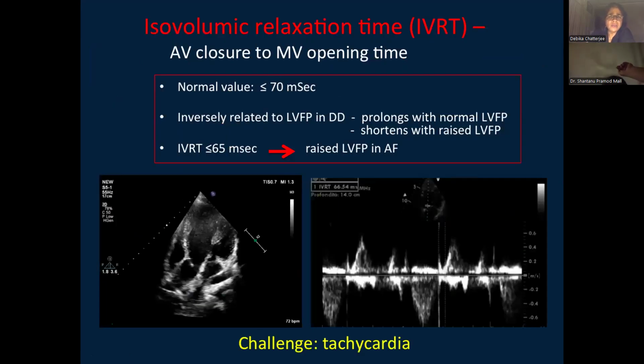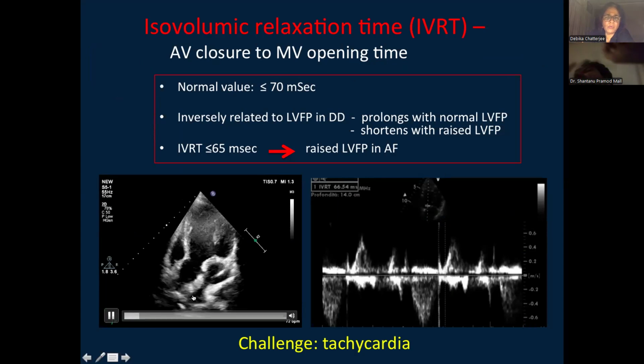A bit about the isovolumic relaxation time. As you know, isovolumic relaxation time is an important measurement in the assessment of diastolic function. It is the time between the aortic valve closure and the mitral valve opening.